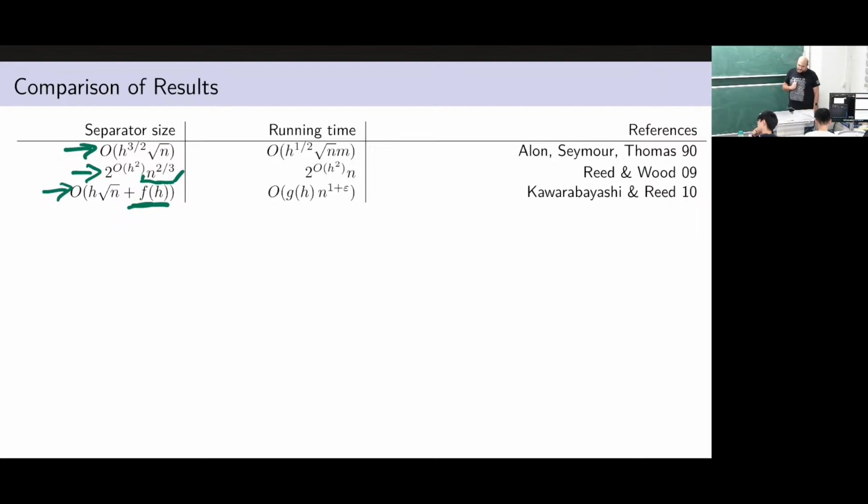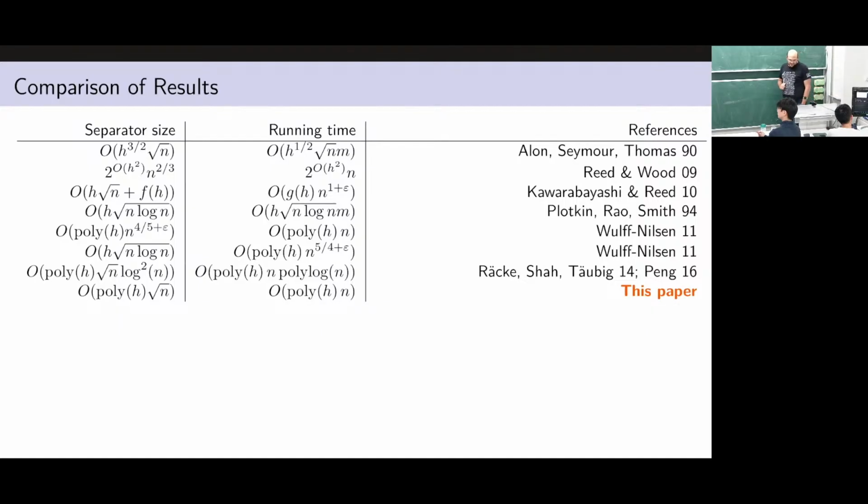But if h is somewhat like constant but not constant, then this is a very good separator, and this is in almost linear time. And also a caveat is that there is not a full version of that yet.